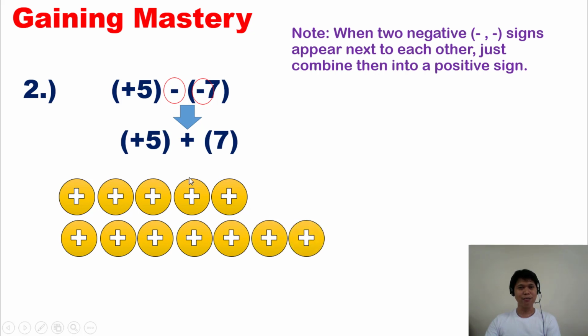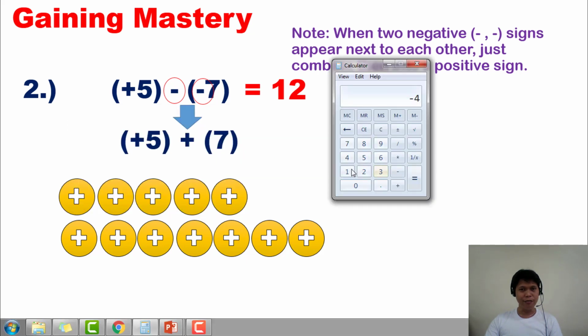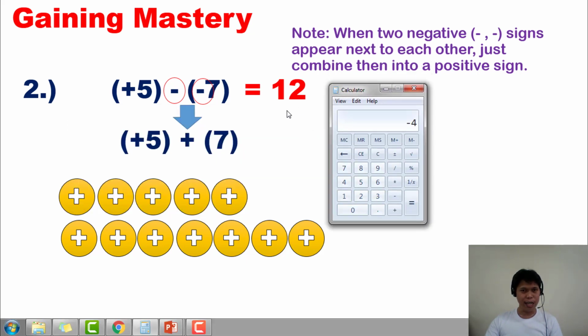So we have 7. You may not need these tiles anymore because it's obviously 5 plus 7 is equal to 12. Okay, if you are not sure with your answer, or if you are not really convinced, then we are going to check using the calculator.